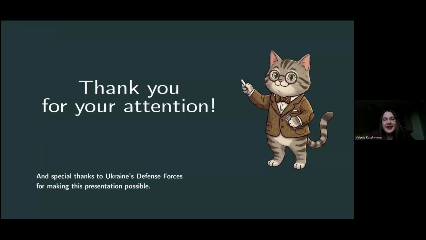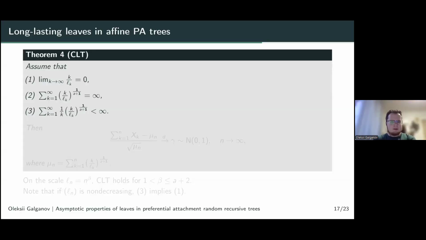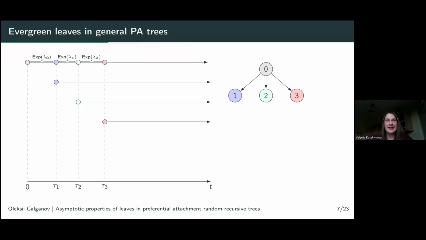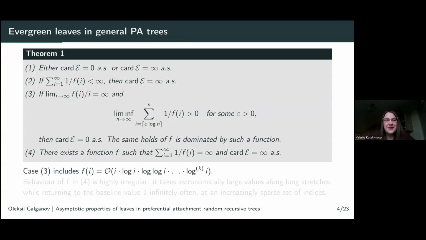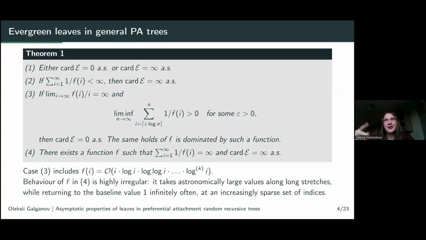I do have a question. Can you come back, please, to the first part of your talk, when you were talking about the cardinality of the number of leaves in the tree? Of evergreen leaves, right? Yes. Can you show theorem 1? In the corresponding Crump-Mode-Jagers process, the individual stays childless for an exponential time with parameter lambda 0, which is the value of function f at 0.